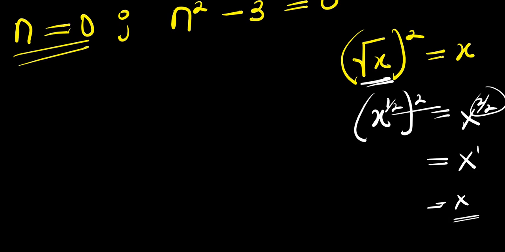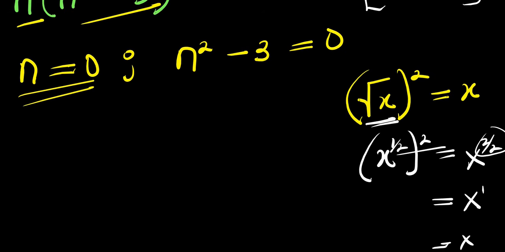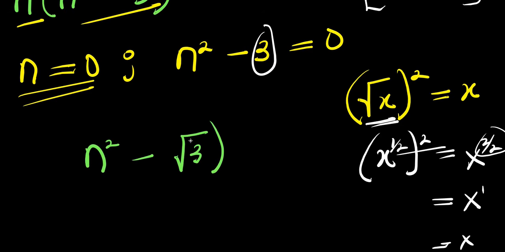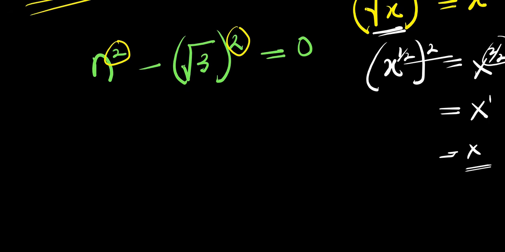So, we are going to simply replace this 3 here with square root of 3 raised to the power of 2. That means we are going to have n power 2 minus square root of 3 raised to the power of 2, and this equals 0. Now, this is power 2, this is power 2. And there's minus here, so I can consider difference of 2 squares.